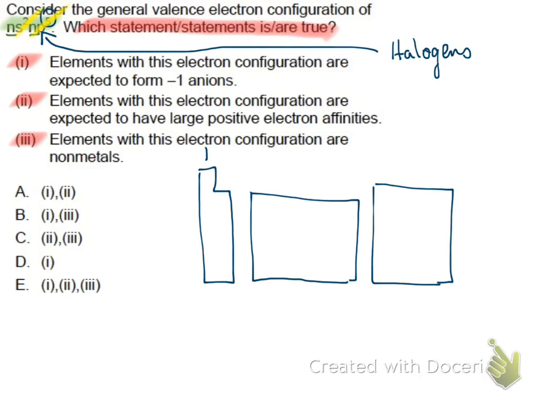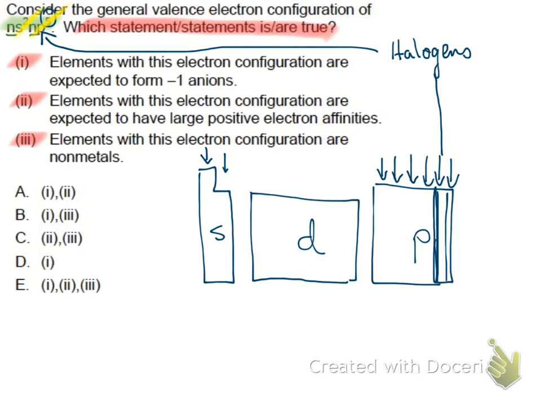So that must mean we filled up both of these, S, D, and P, and then 1, 2, 3, 4, 5, 6. So this is the row that we're thinking of right here, which is one away from the noble gases, the end row here.